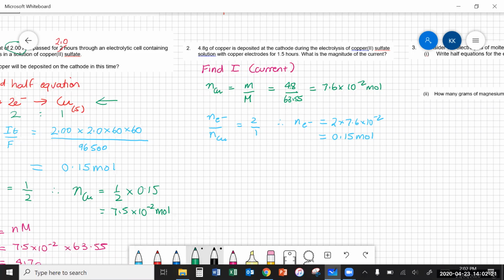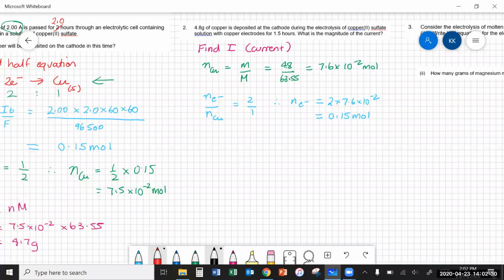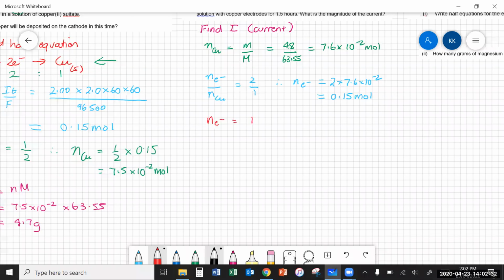Now we need to convert back to the electrical data. So our moles of electrons is equal to IT on F. So if I want I, that's moles of electrons times by F over T. Moles of electrons was 0.15.